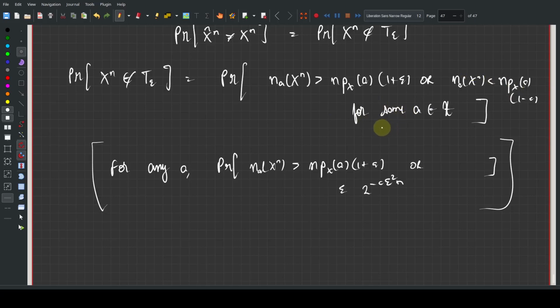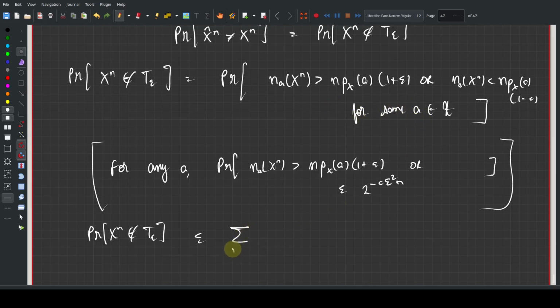So what's the natural step? Correct. We just use the union bound. So the probability that x^n is not in T epsilon is less than or equal to a union of events, each event corresponding to a particular a.